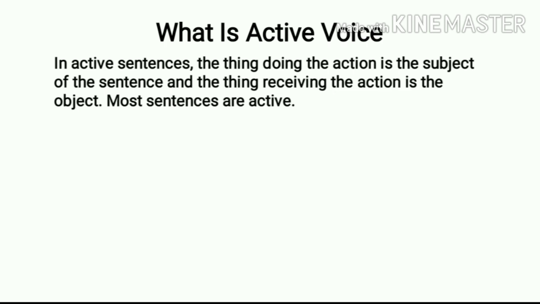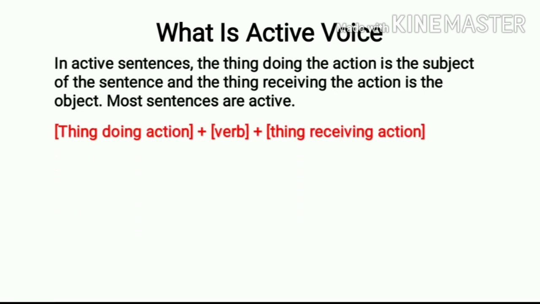In English language, in the spoken form as well as in the written form, we find that most of the sentences are in active voice. Keep in mind, in active voice, the subject is the thing which does the action and the thing which receives the action is the object.